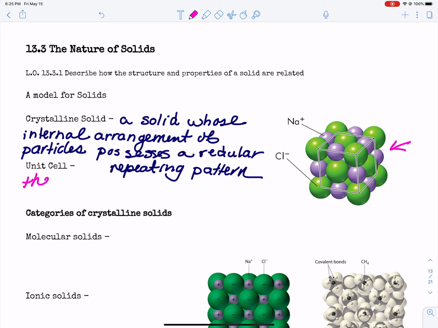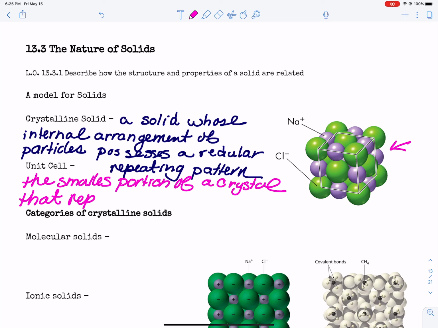So a unit cell is the smallest portion of a crystal that reproduces the structure of the entire crystal when repeated.